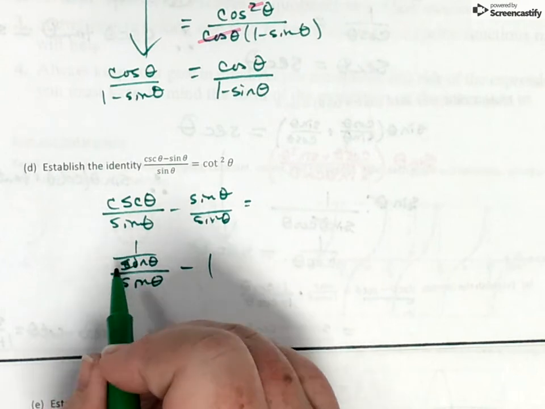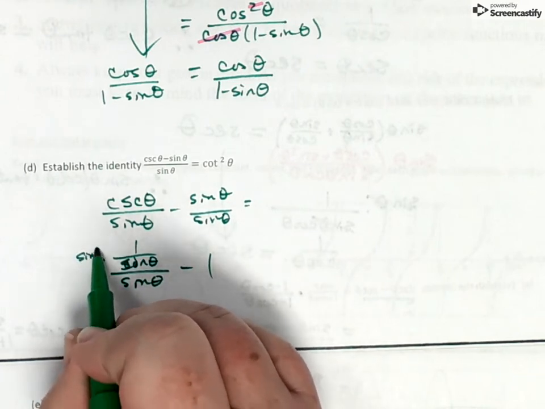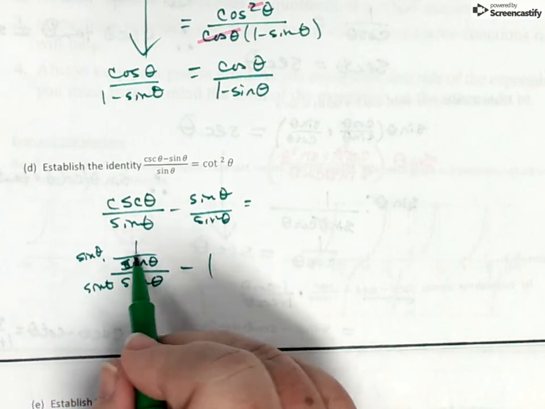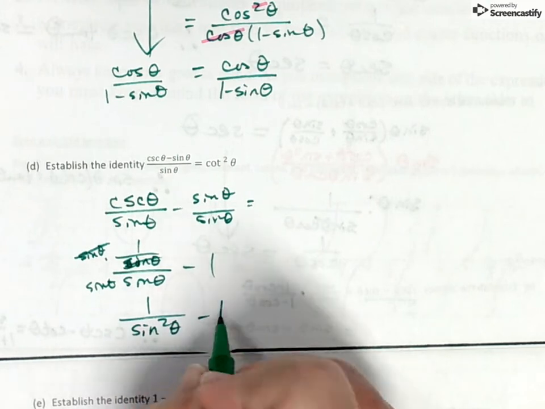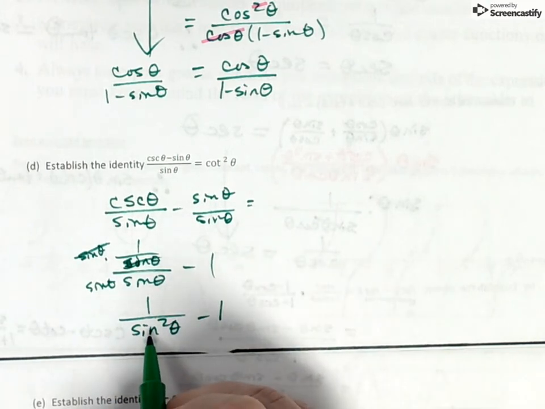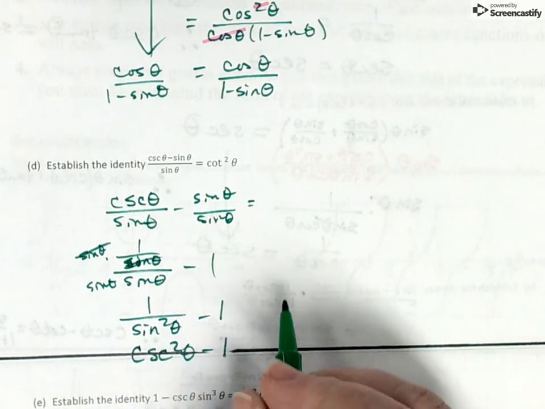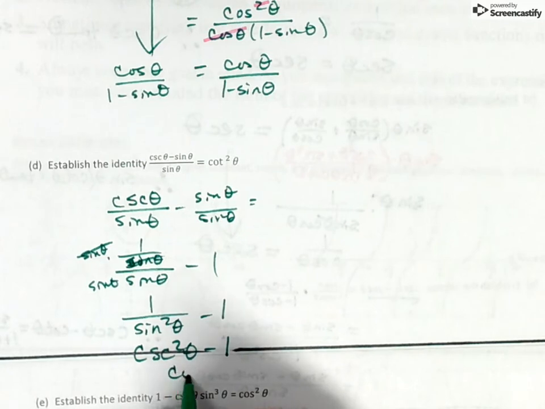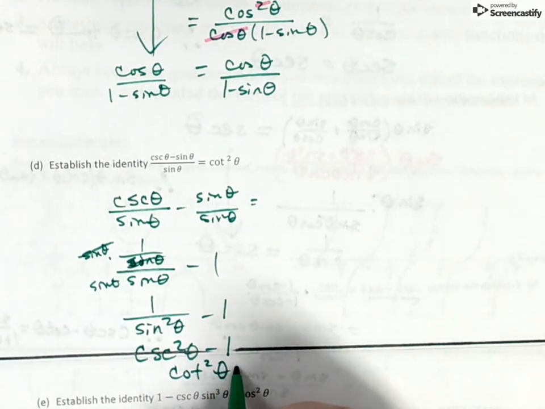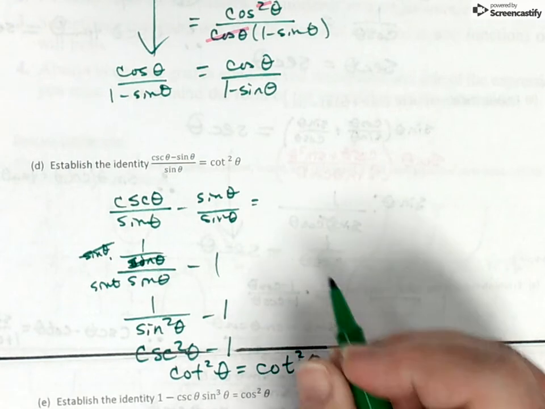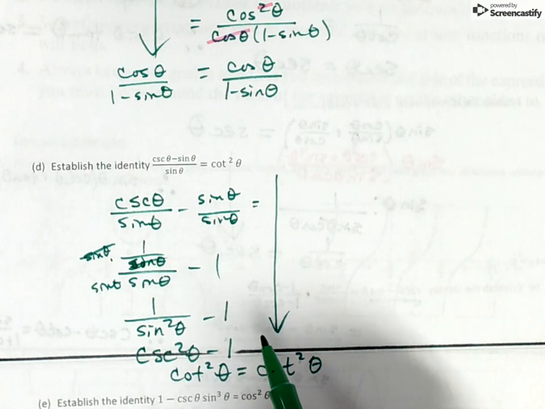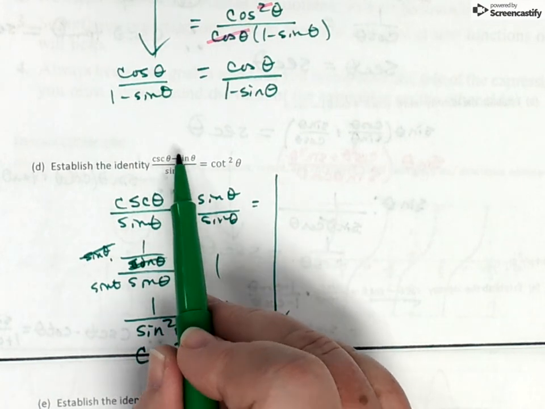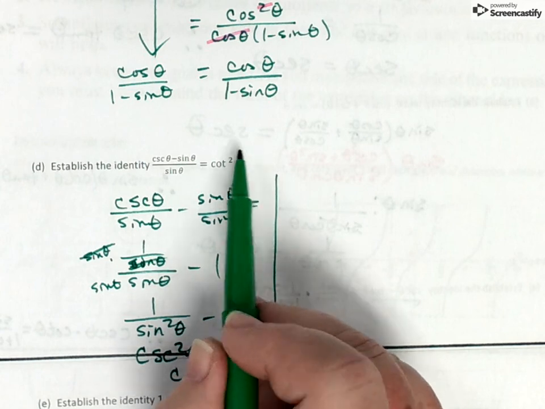If I multiply both the numerator and the denominator, I will get 1 over sine squared theta minus 1. Well, what's 1 over sine squared theta? That is cosecant squared theta minus 1. That's an identity. That's cotangent squared theta. And we have proven that the two sides, I'm bringing this down, are equal to one another. And therefore we establish the identity that this left side is equal to the right side of the problem.